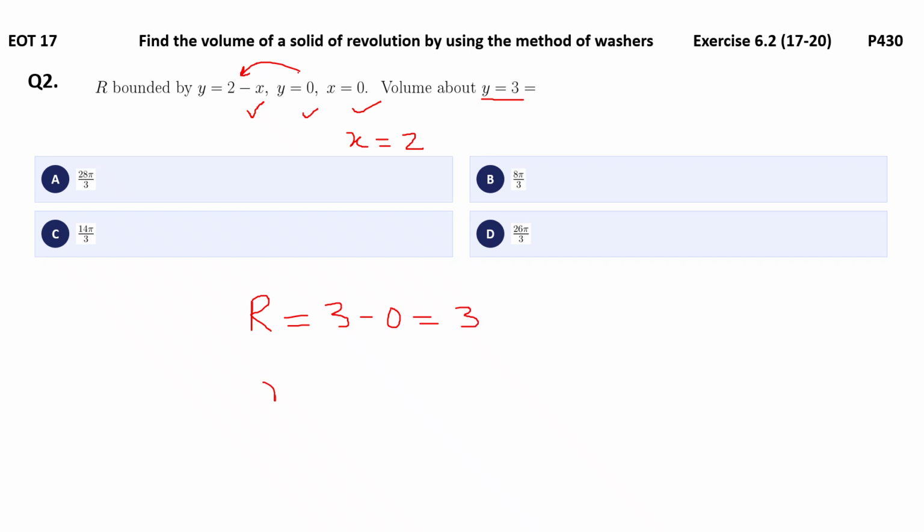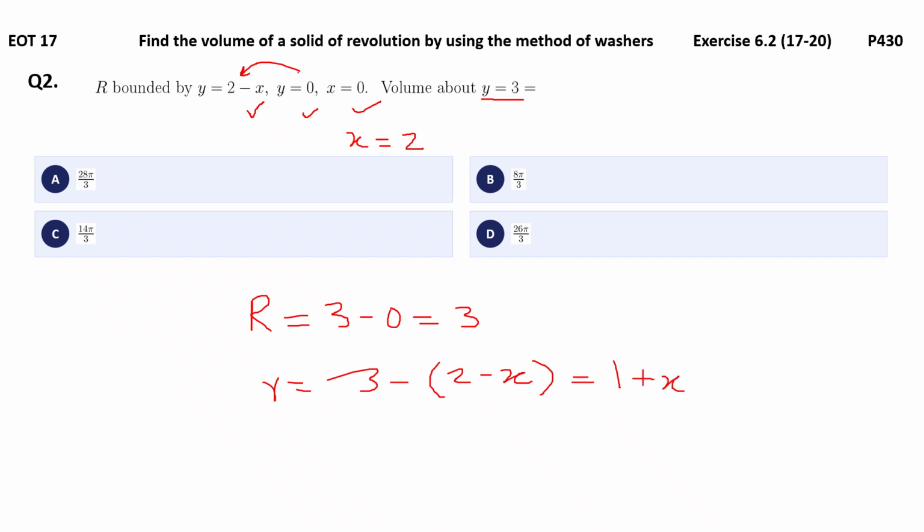And your inner radius is nothing but 3 minus y, which is 3 minus of 2 minus x. 3 minus 2 is nothing but 1. Minus of minus become plus, so 1 plus x.